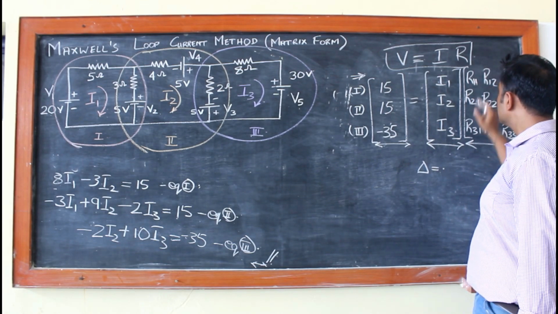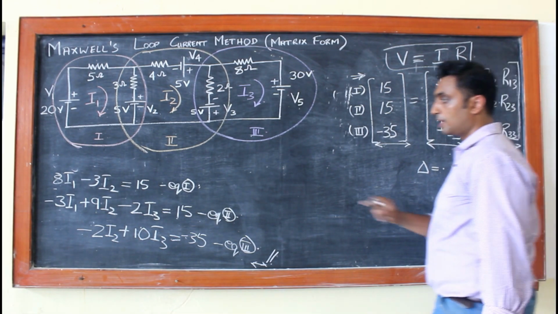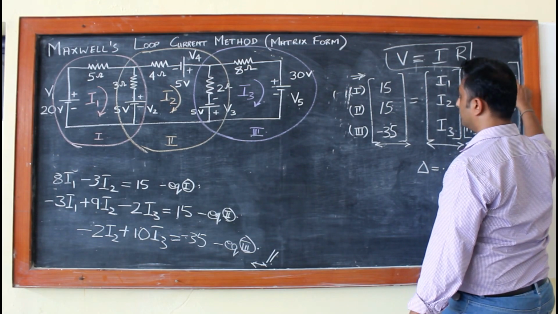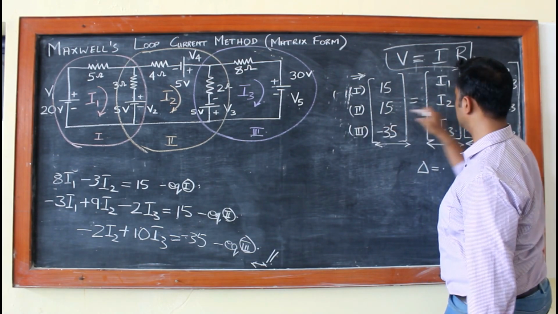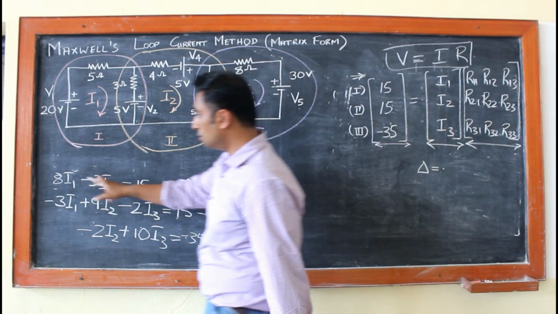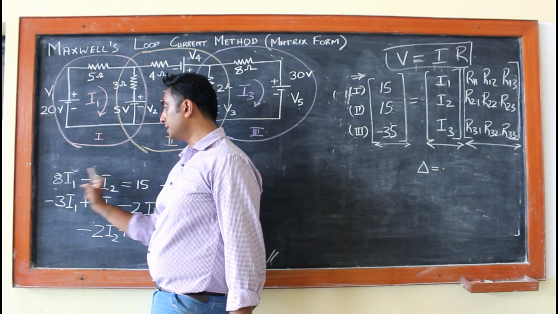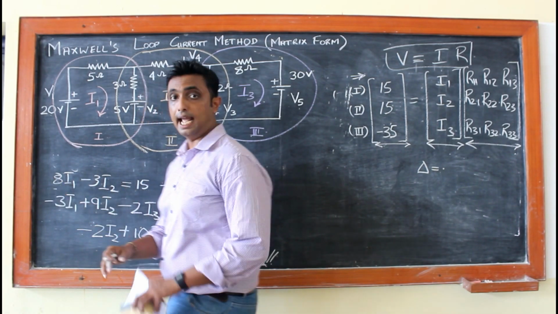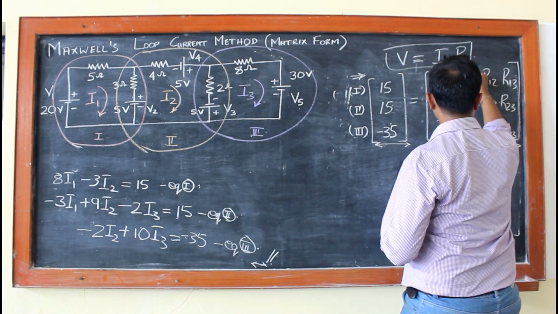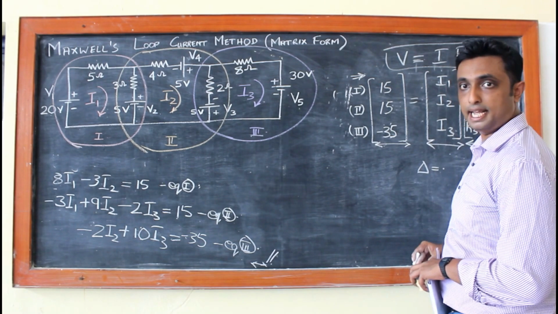Now, for the resistance, R11, R12 and R13. As I told you, this whole line will represent equation 1, this will represent equation 2, equation 3 and so on. So your first value, I1, is representing 8. It will represent the total resistance of I1, so R11 will be 8.